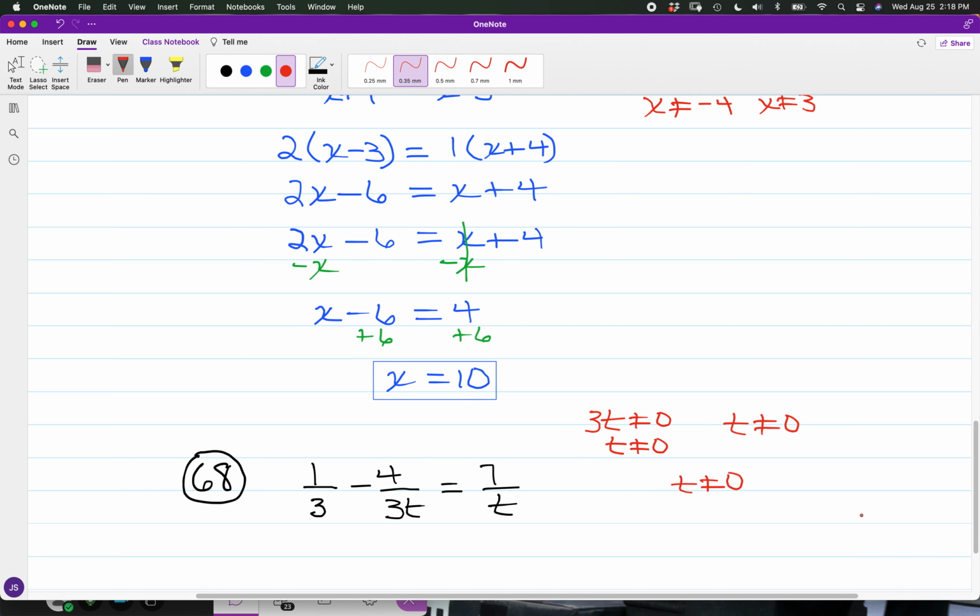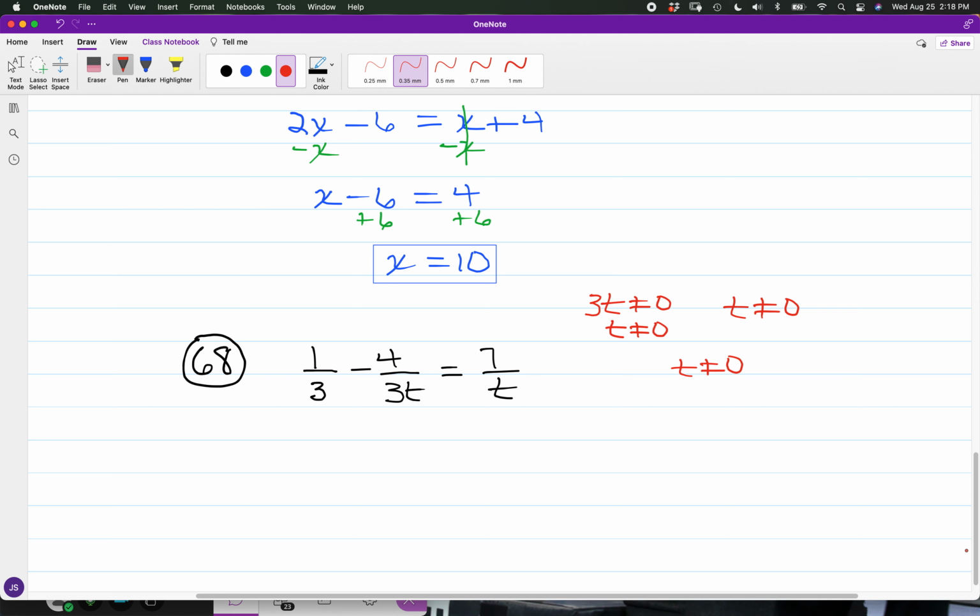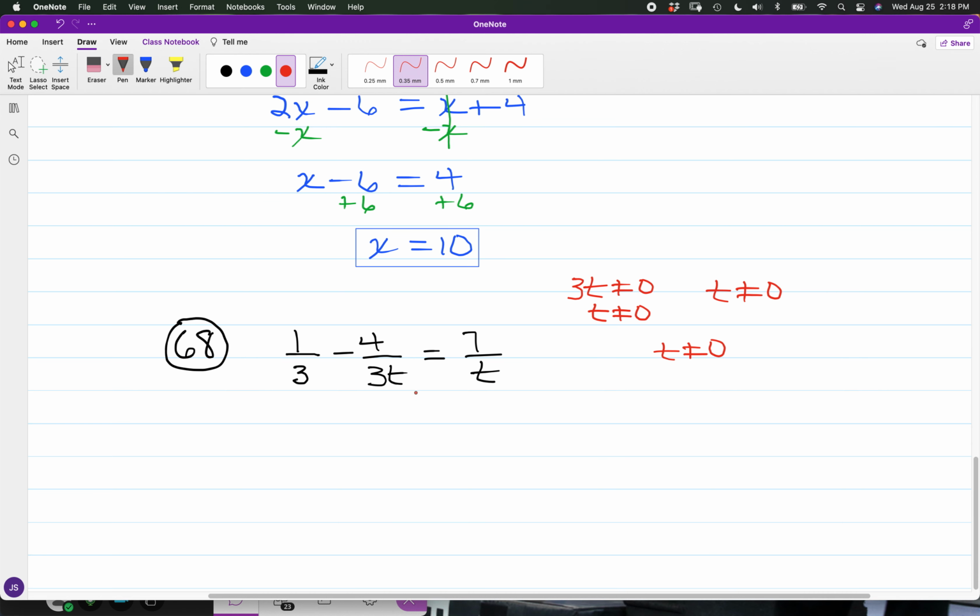Now, if we look at clearing out the fractions, and we have 3 and t, and also 3t, and if we convert these fractions into terms that have integer coefficients, we can multiply 1/3 minus 4/3t as well as 7/t by the least common denominator, and that's going to exist with what we have in the second ratio. So 3 will go into 3t, t will go into 3t, and 3t will go into itself.